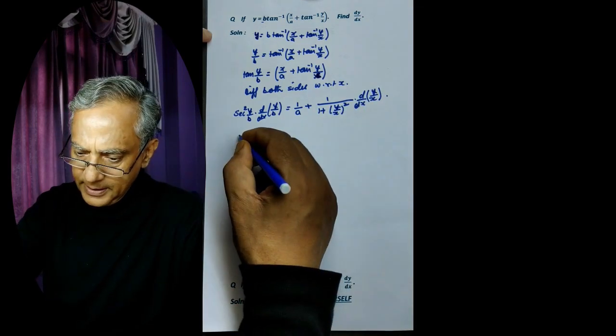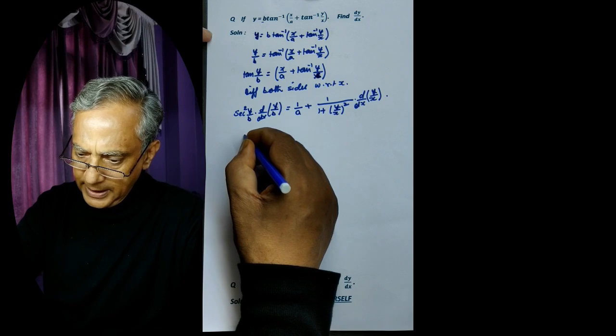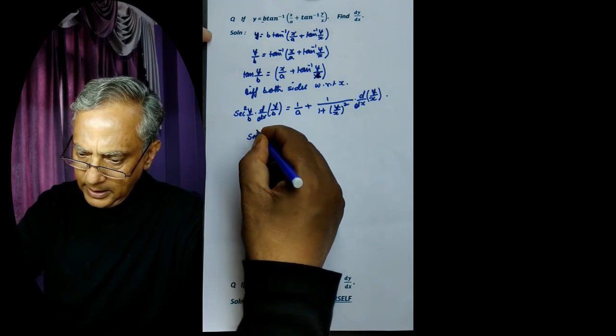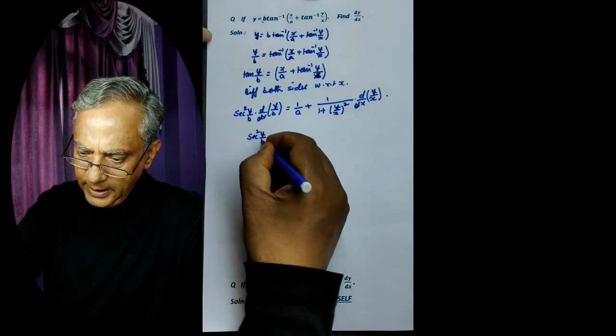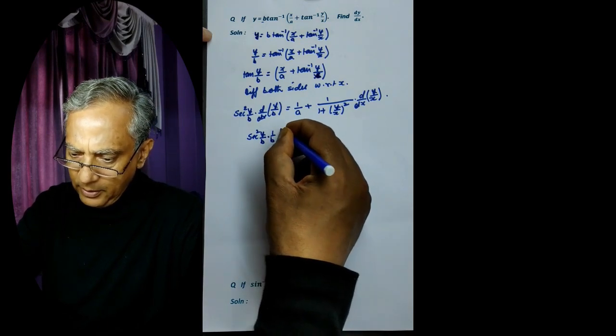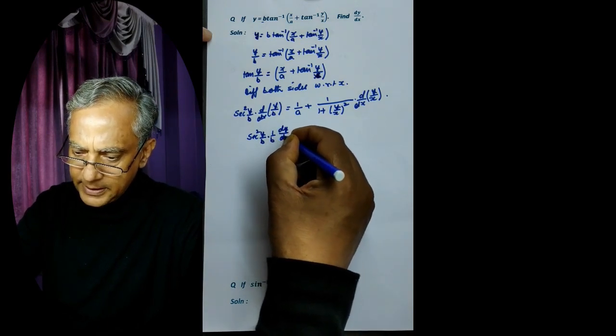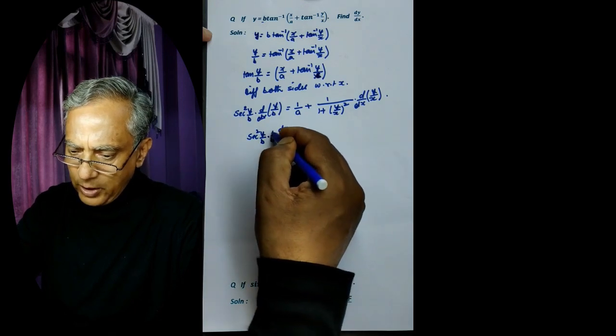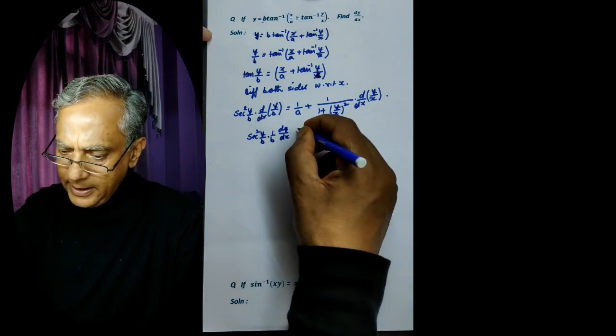That is secant square y by b into, this will be 1 by b dy by dx. b is constant, therefore 1 by b, and differentiation of y is dy by dx.